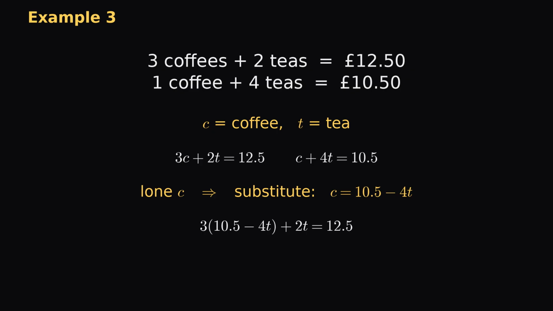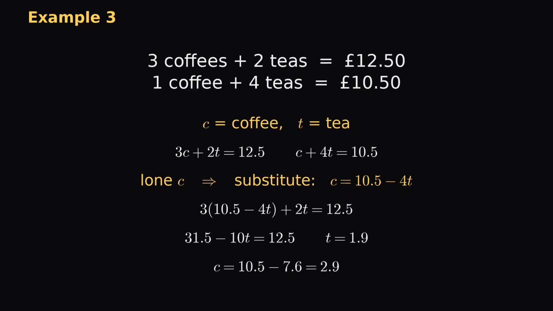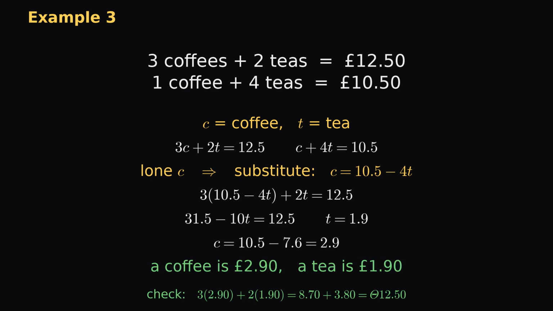That's 31.5 minus 12t plus 2t. So 31.5 minus 10t equals 12.5. Minus 10t equals minus 19. t is 1.9. And C is 10.5 minus 7.6, which is 2.9.